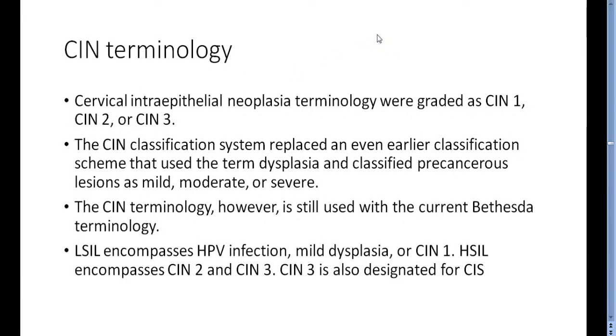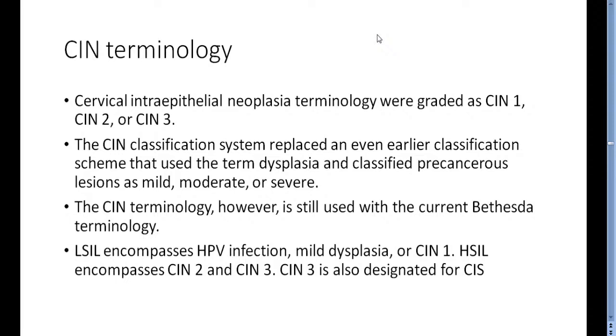Cervical intraepithelial neoplasia terminology was graded as CIN 1, 2, and 3. The CIN classification system replaced earlier classification schemes which utilized the term dysplasia, graded as mild, moderate, and severe. Now CIN terminology is still used with current Bethesda terminology, which is low grade and high grade intraepithelial lesion.